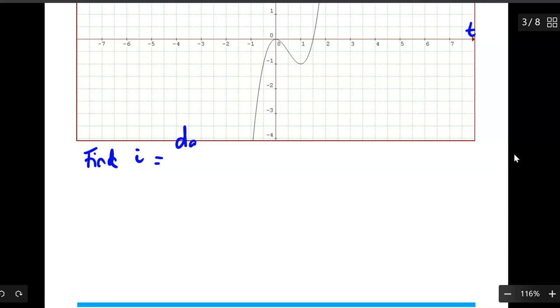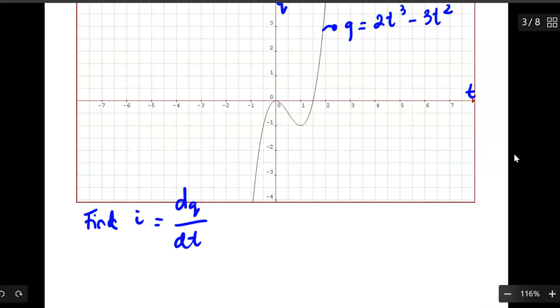The formula to find I, as we learned in the previous lesson, is to differentiate Q in terms of time. Q is given to me as 2t cubed minus 3t squared. So in this case, I should have 6t to the exponent 2 minus 6t.